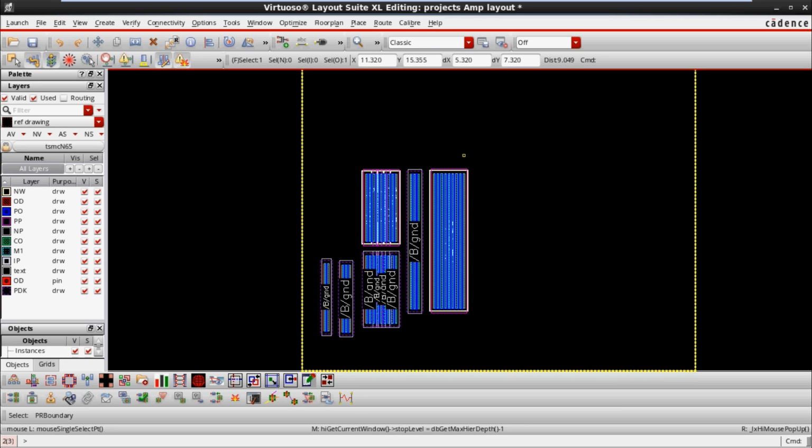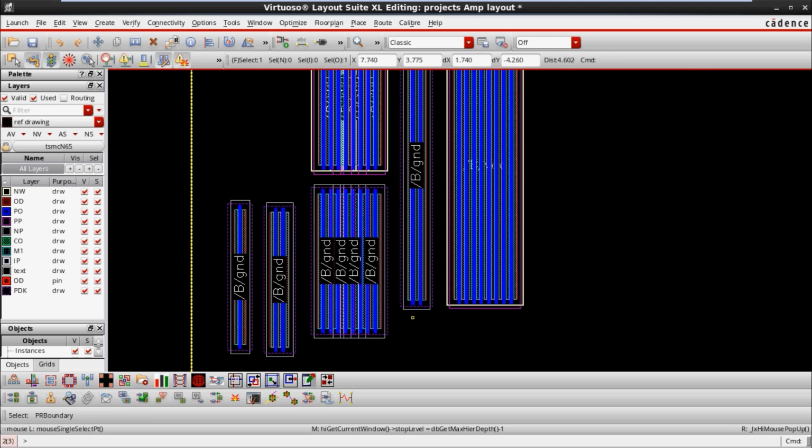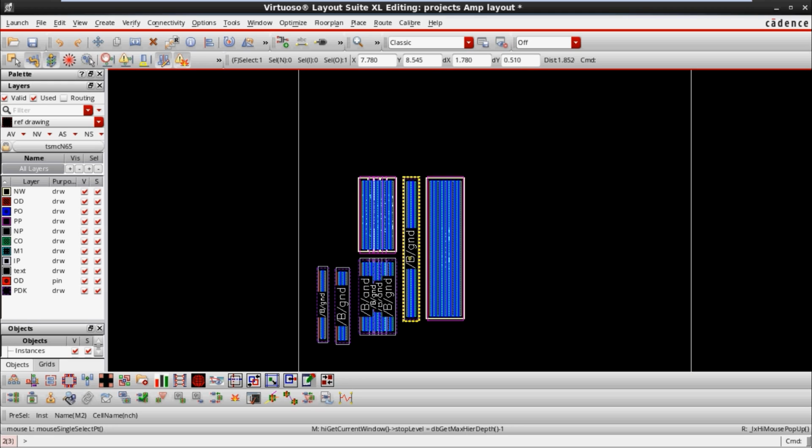Before we know, when we export from the schematic to the layout, we have some uneven structures. Suppose the designer doesn't want any changes to the fingers and multipliers of the design, then you should not change anything. Based on the size only you have to start routing. Now we don't have such restrictions here.